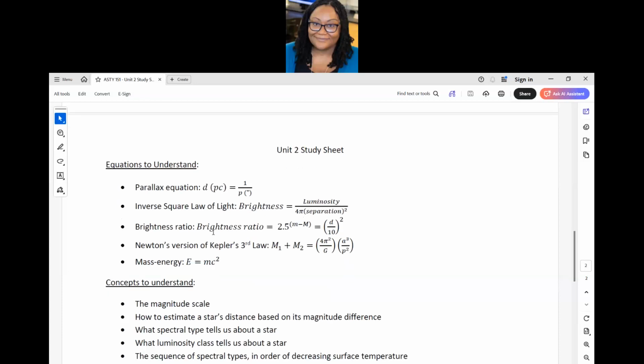The brightness ratio is the quantity that we can determine when we find the difference between one star's apparent magnitude and its absolute magnitude, and we just raise 2.5 to that power. That brightness ratio is also something that we can set equal to this quantity on the right, distance over 10, quantity squared. I split this up into 4 different steps in lab number 5.